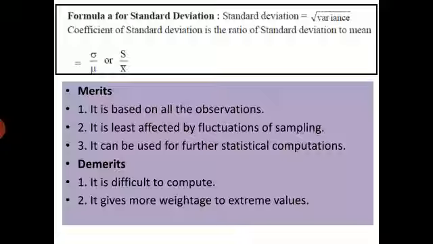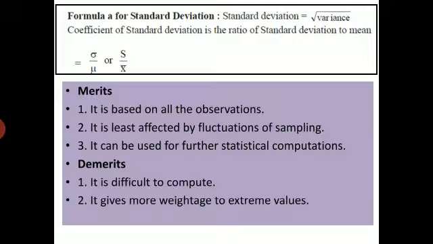So standard deviation is equal to square root of variance, or variance is equal to square of standard deviation. Coefficient of standard deviation is the ratio of standard deviation to mean, for example sigma divided by mu, or s divided by x bar.